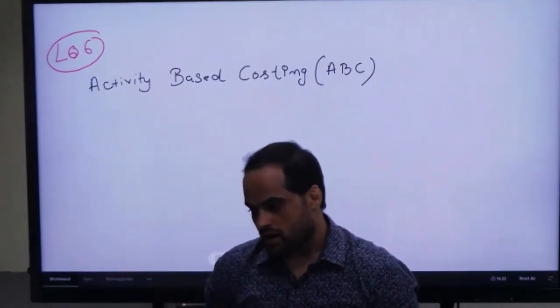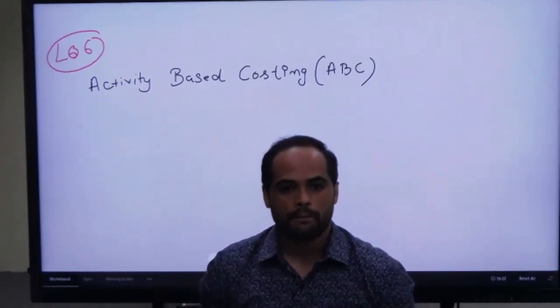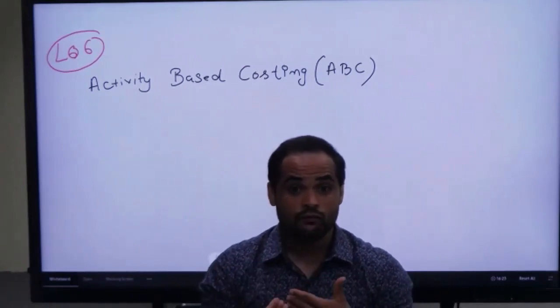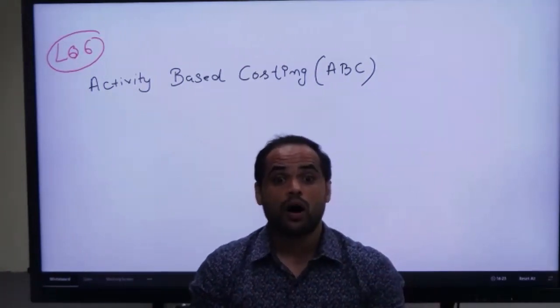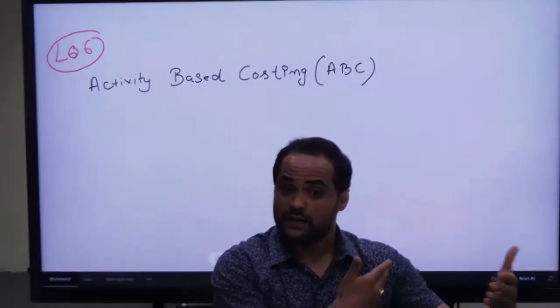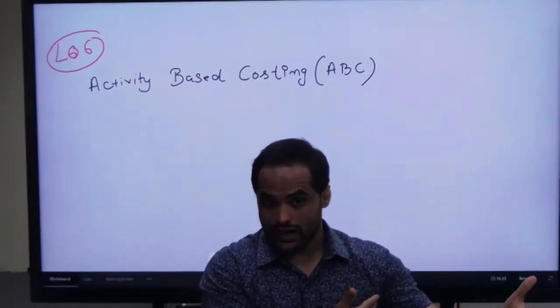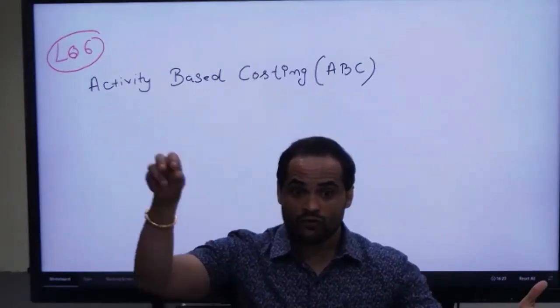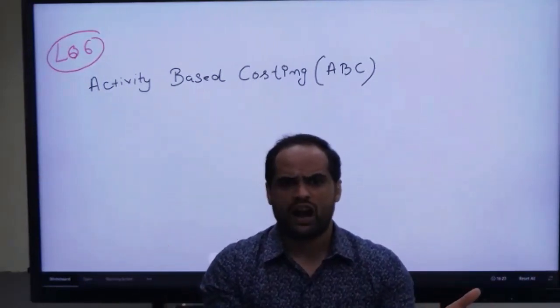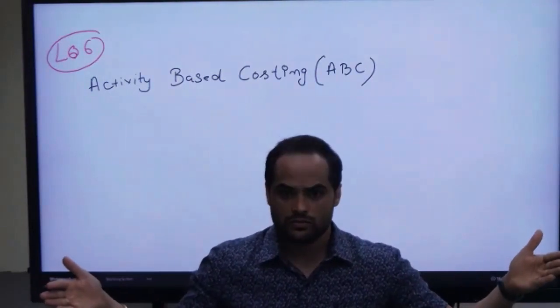It could be a machine setup. How many times we have to set up the machine? Because every time we set up a machine, it requires certain time for workers to spend to set up the machine, right? We have to spend money for electricity during the time we are setting up the machine. It could be 5 minutes, 10 minutes, 15 minutes, right?